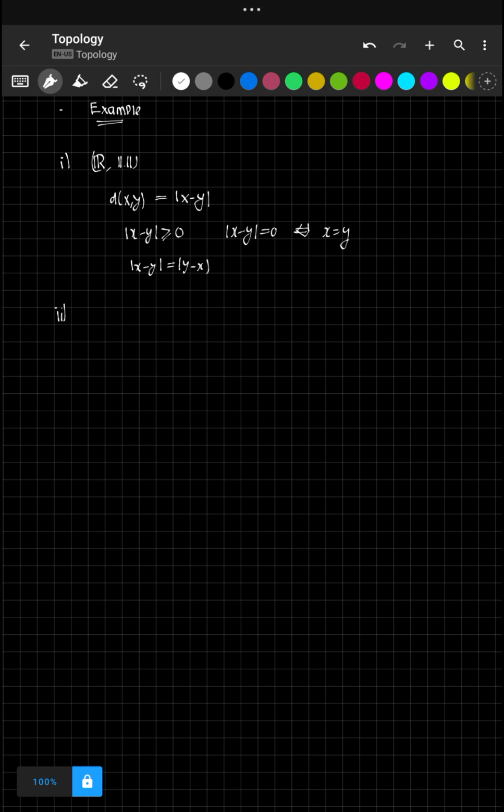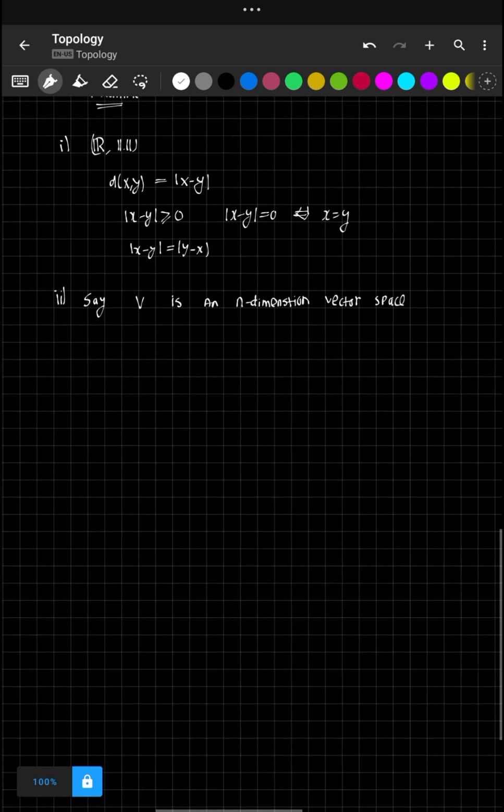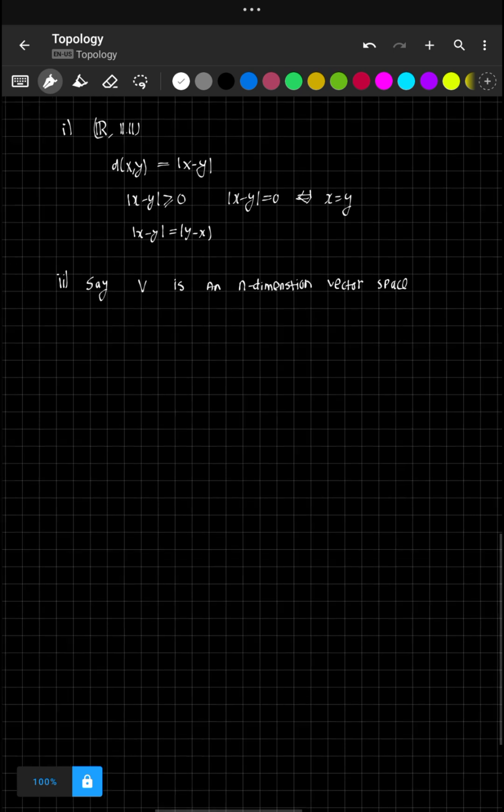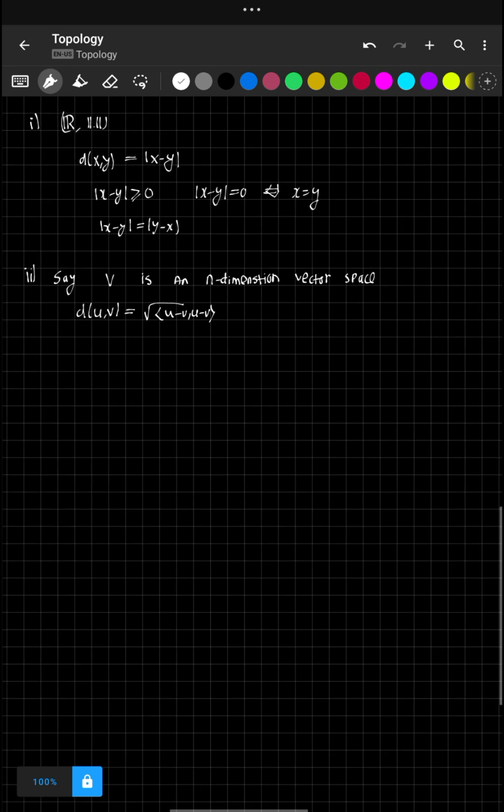Our second example: say V is an n-dimensional vector space. Then how do we define a metric on it? We would say that d of u comma v is equal to the square root of the inner product of u minus v with itself.